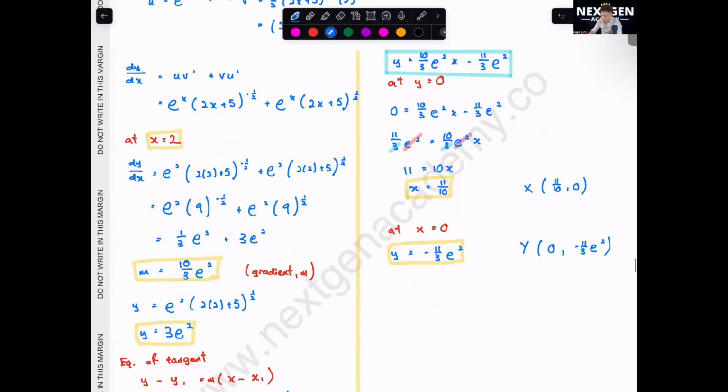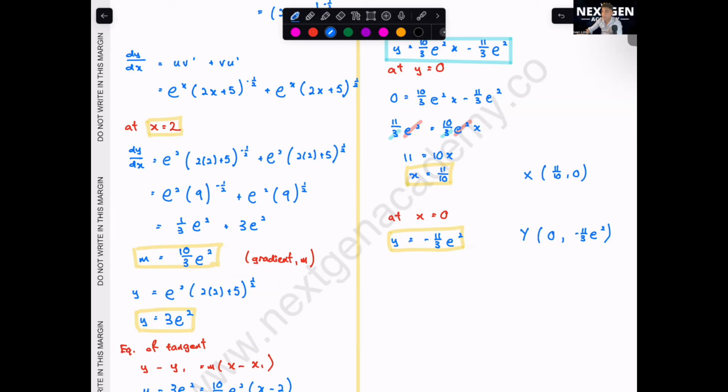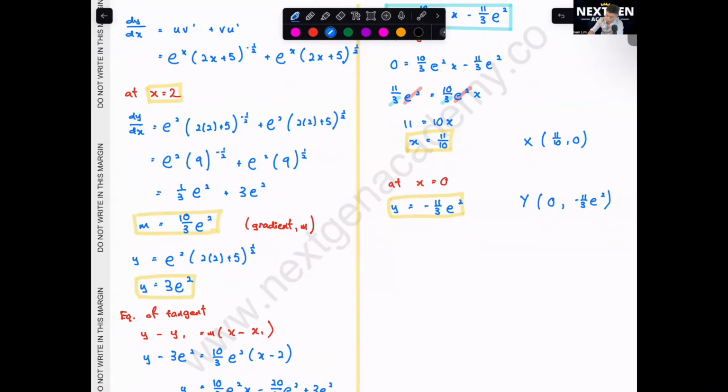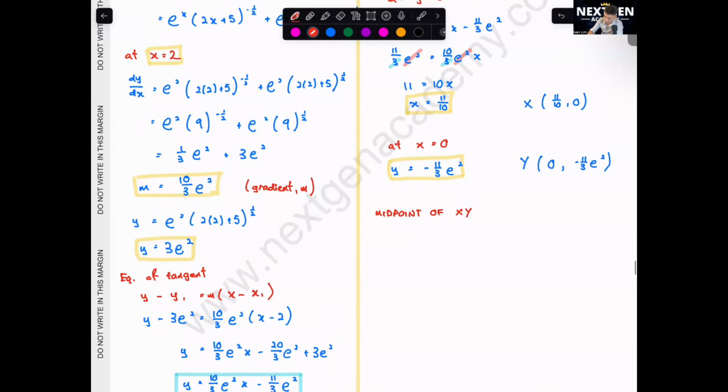Now we want to find the midpoint. The midpoint formula will just be x1 plus x2 divided by 2, y1 plus y2 divided by 2. So for the final one, the midpoint of xy, we're using this one: 11 over 10 plus 0, divided by 2, and 0 minus 11 over 3 e squared, divided by 2.